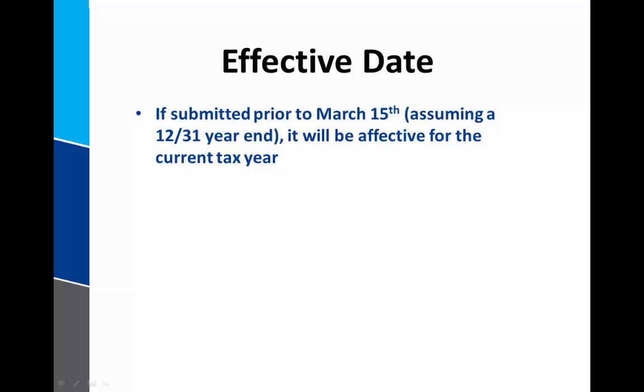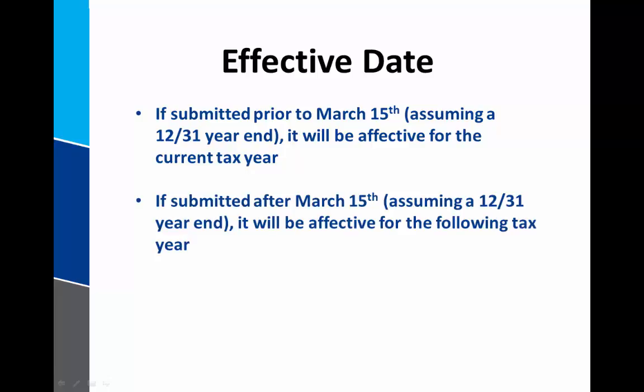If no date is specified and the IRS gets the letter on or before March 15th, assuming you have a December 31st tax year end, then the revocation is going to be effective at the beginning of that current tax year. If the letter is received after March 15th, then the revocation is going to be effective at the beginning of the corporation's next tax year.